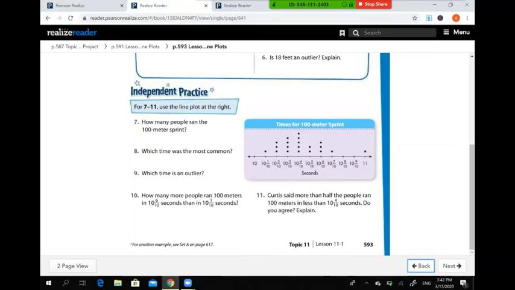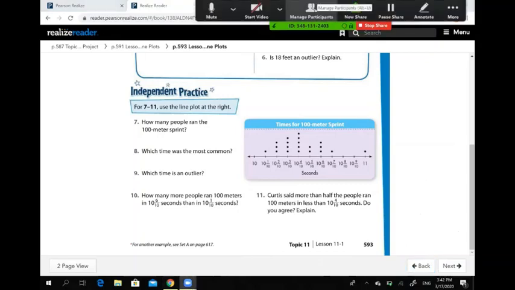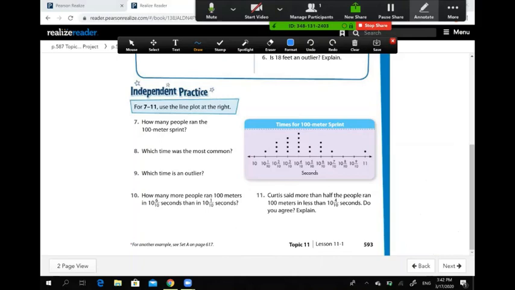For 7 to 11, use the line plot at the right. Question number 7. How many people ran the 100-meter sprint? Okay, so this is a line plot about times in the 100-meter sprint. Let's count them, all of them. 1, 2, 3, 4, 5, 6, 7, 8, 9, 10, 11, 12, 13, 14, 15, 16, 17, 18, 19, and 20.